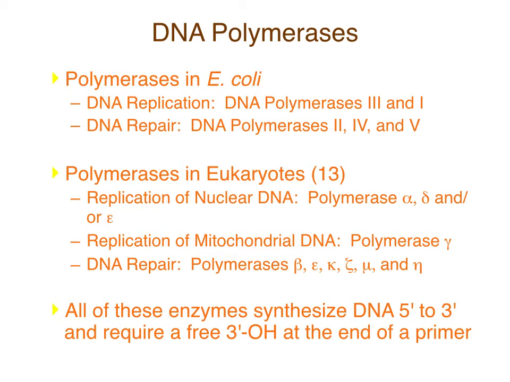When you're replicating nuclear DNA, we find that DNA polymerase alpha, beta, and epsilon is involved. In replication of the mitochondrial DNA, that is the function of polymerase gamma. And then for DNA repair, we have polymerases beta, epsilon, kappa, zeta, mu, and nu.